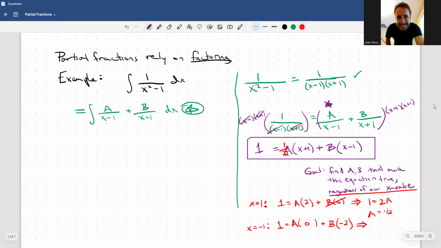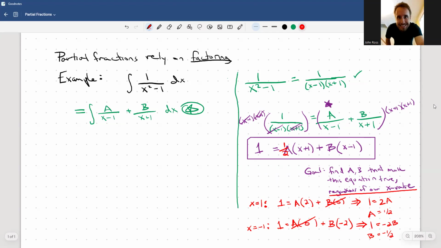By strategically substituting in x equals -1, we made the first term cancel out, and we get 1 equals -2b, which means b is equal to -1/2.